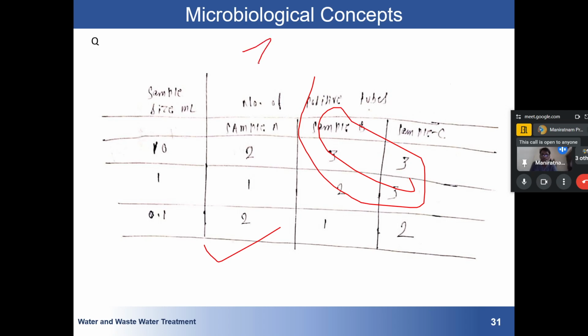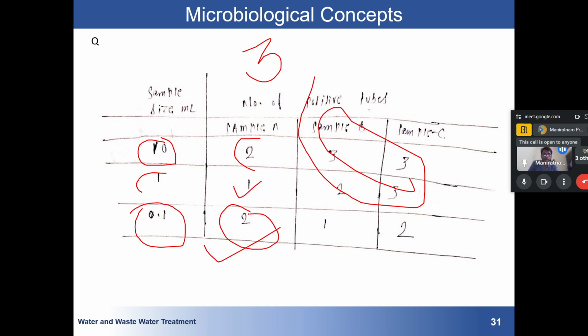Here we have taken a large amount of sample, that is 10 ml, remember. When the sample size is 10 ml, two were giving positive results. When the sample was taken at one, only one tube out of three was giving a positive result. And when the sample size was 0.01, two were giving positive results.